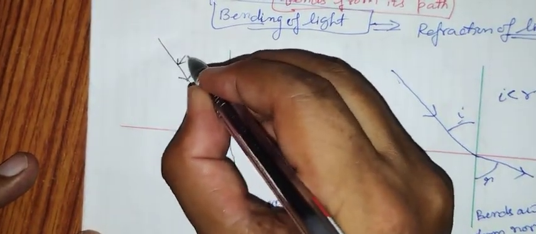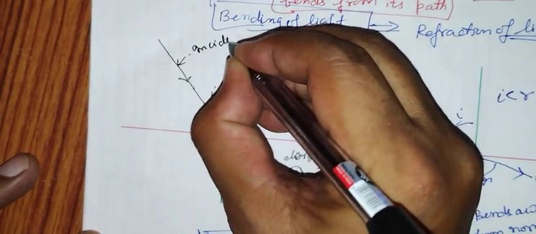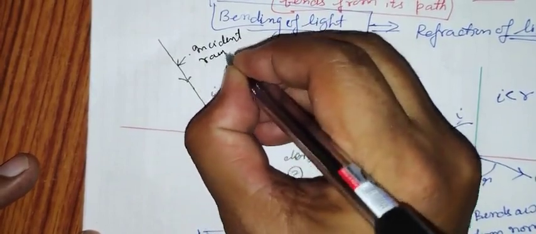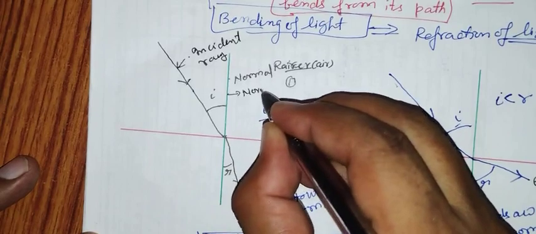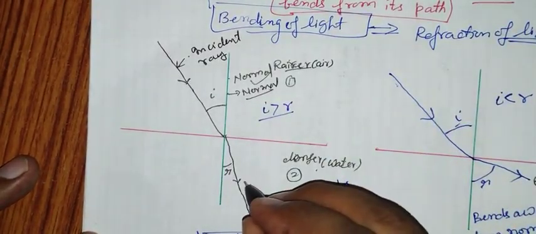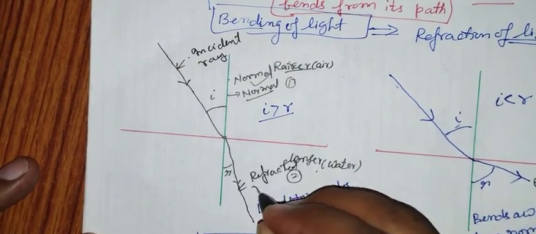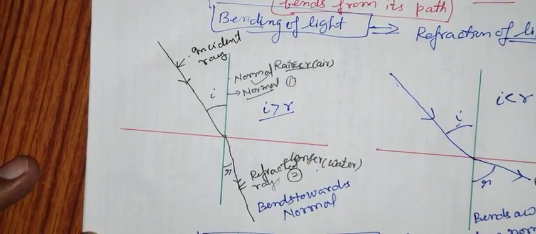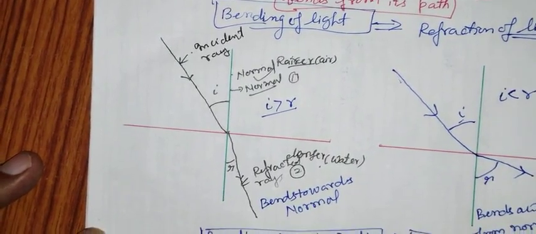This is called the incident ray. This is the normal, and this is called the refracted ray. So there are three parts in the first law.